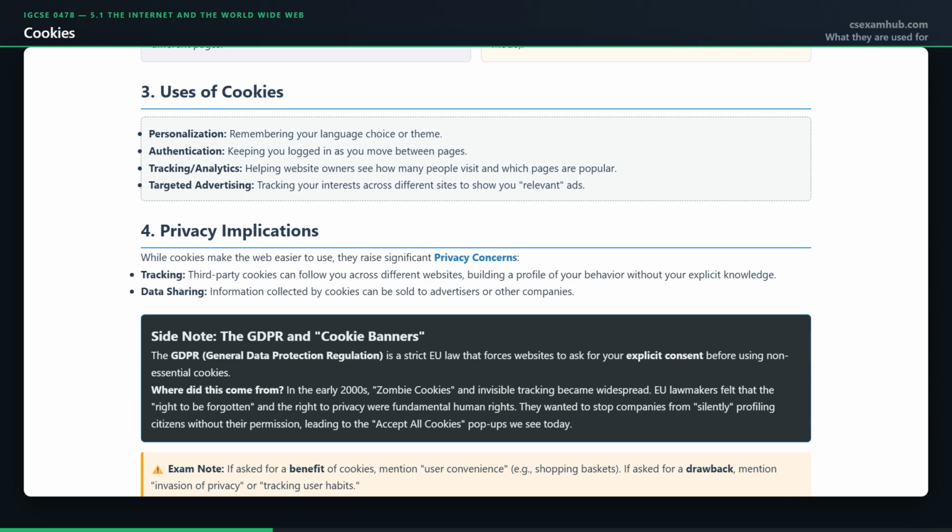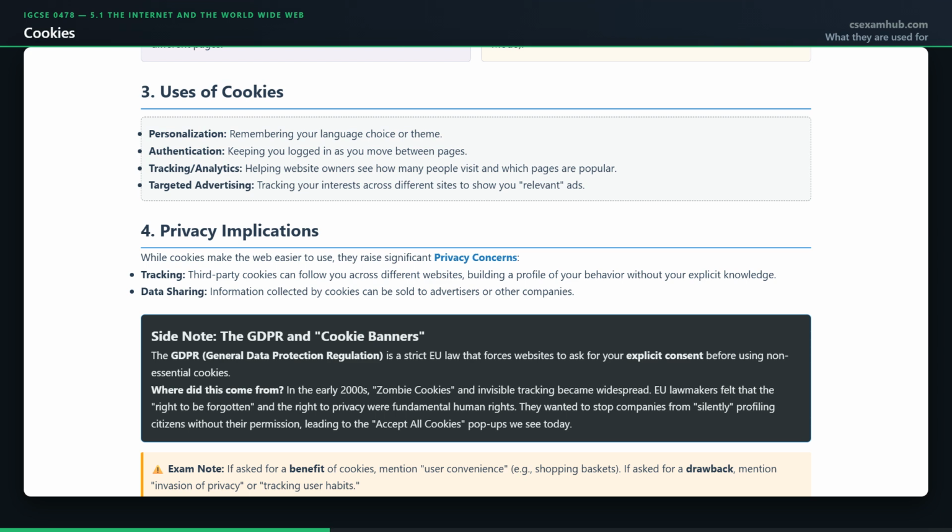The uses the syllabus once named: saving personal details, so a site recognizes you; tracking user preferences, dark mode, language, layout, currency; holding items in a virtual shopping basket; storing login details so that you are not asked to sign in on every page; and targeted advertising, which is the one worth examining, because it is where cookies stop being merely convenient.